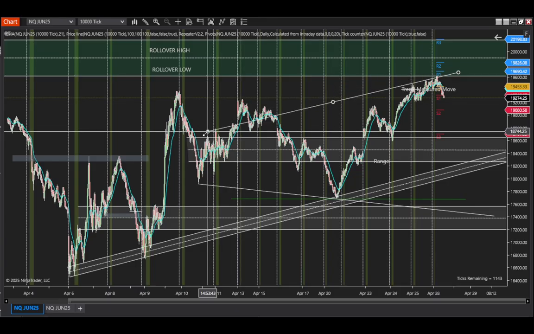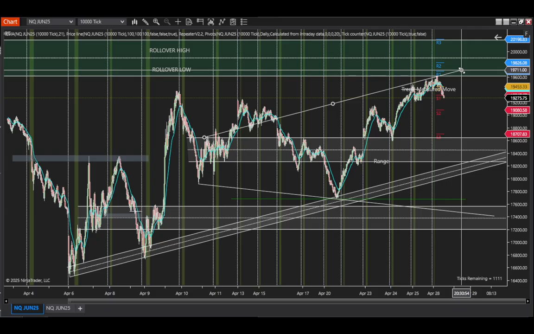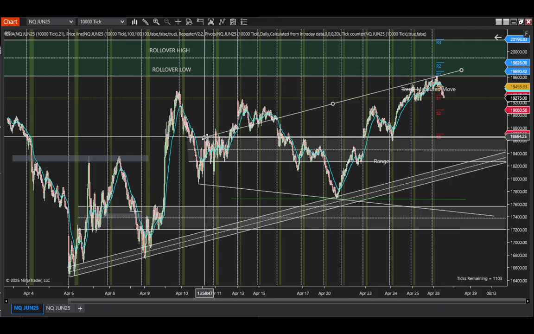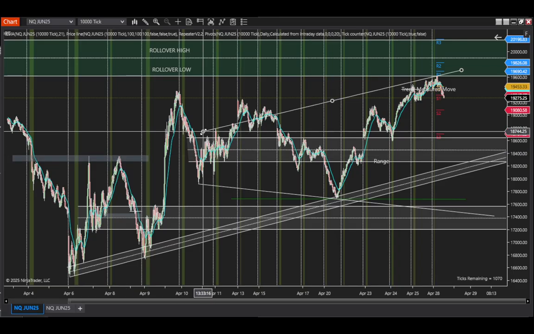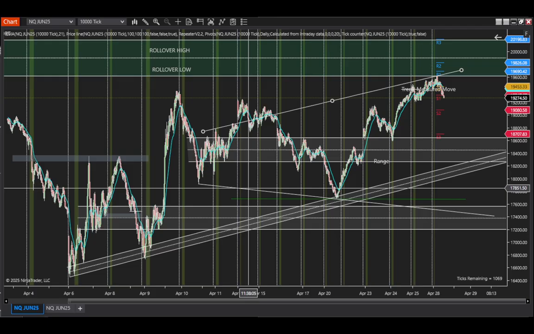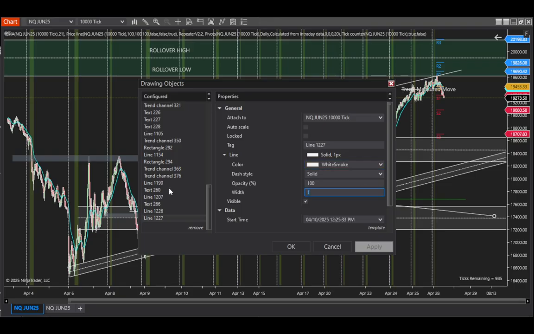And if so, where is the broadening wedge? That is something that I'm going to be looking at, right? I'm going to say it hasn't formed yet.